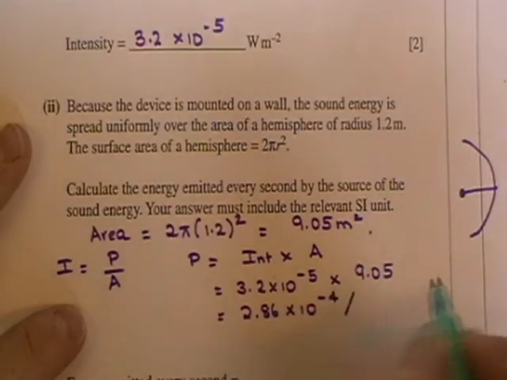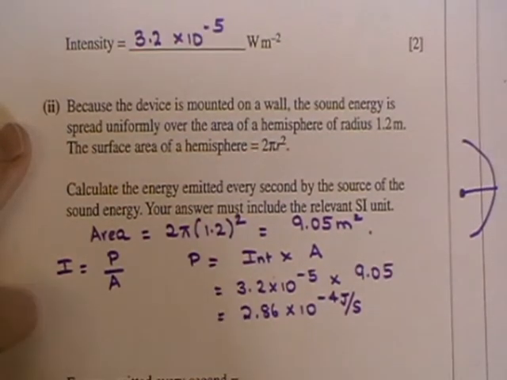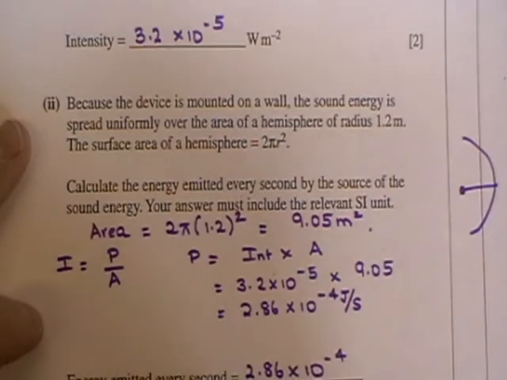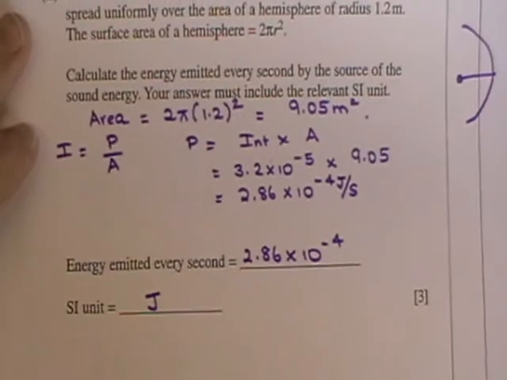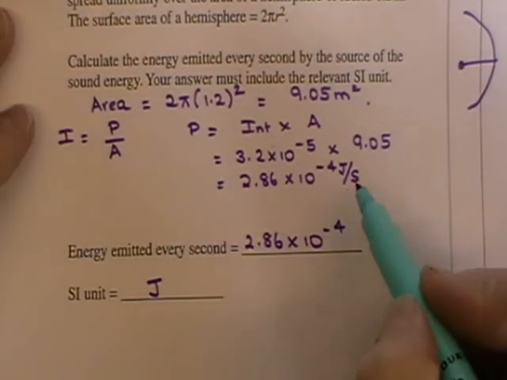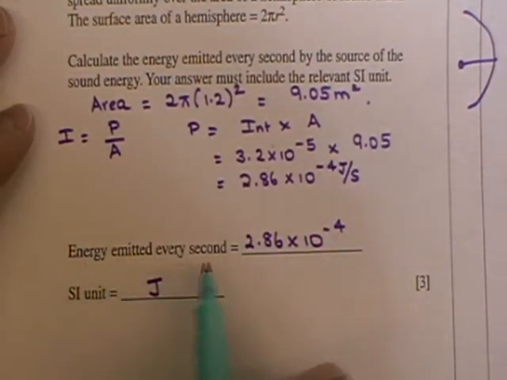Because it is a power, it is measured in watts, and 1 watt is 1 joule per second. We have to get the energy emitted every second, so it's the same answer: 2.86, or 2.9, by 10 to the minus 4, measured in joules, because the question says energy emitted every second, and energy is measured in joules.